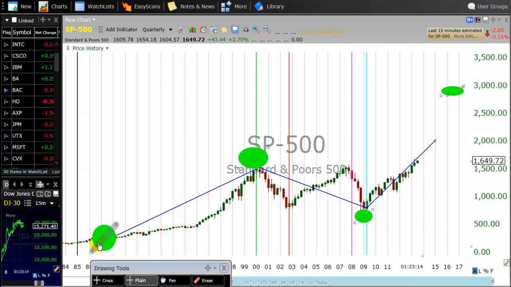We know that A to B is a multi-wave divided into 5 waves: 1, 2, 3, 4, 5. After the corrective phase, which is B to C, if the fundamentals are sound and a new cycle has begun, we are likely to see another motive wave that is likely to achieve at least the length of the previous motive wave, which is A to B.